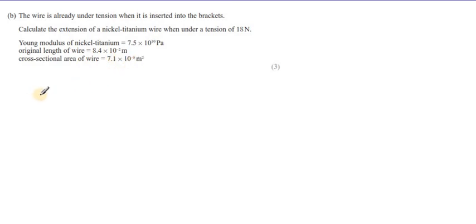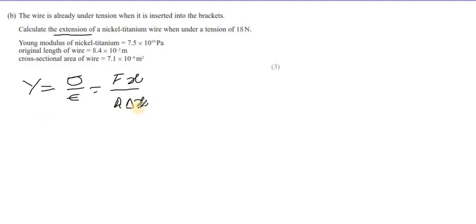Okay, so because the Young modulus is given, we need to find the extension. Since Young modulus is equal to stress over strain, or you can say Fx over A delta x, and you need to find this delta x.